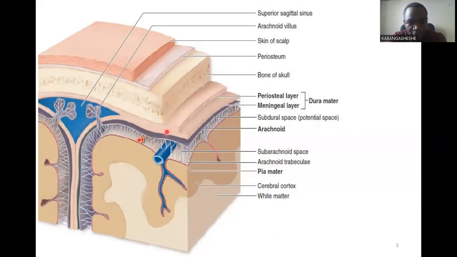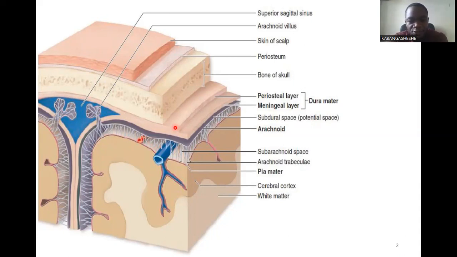That's the dura mater. Next is the arachnoid mater, here shown in grayish bluish. It should be indigo or something, that layer. Then we have the pia mater, here shown in red. So pia mater is innermost, arachnoid mater is middle, and dura mater is external.